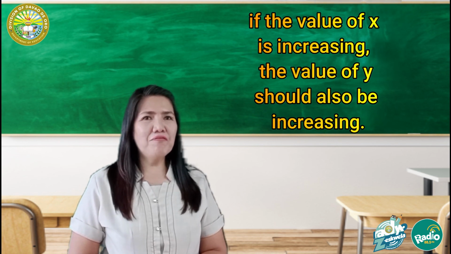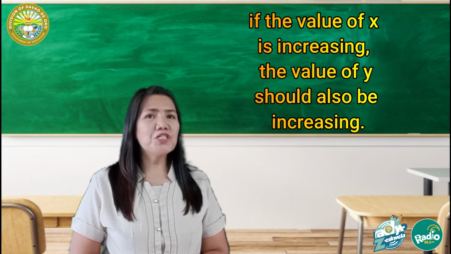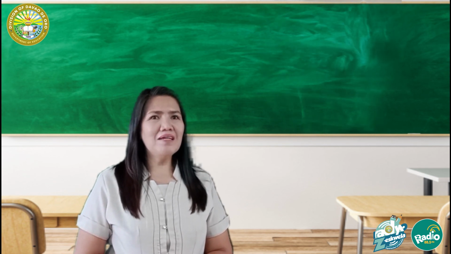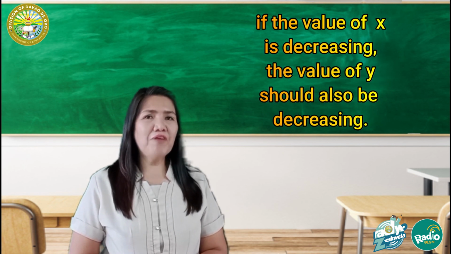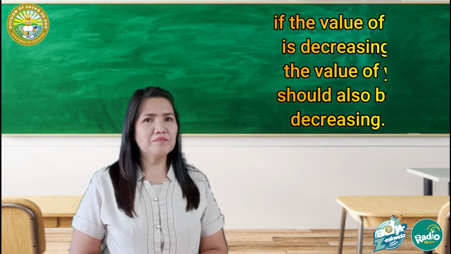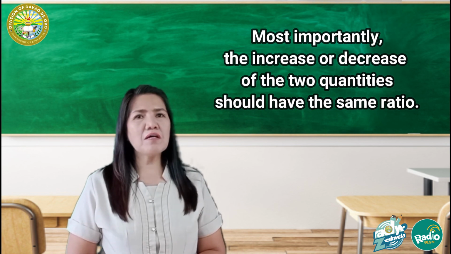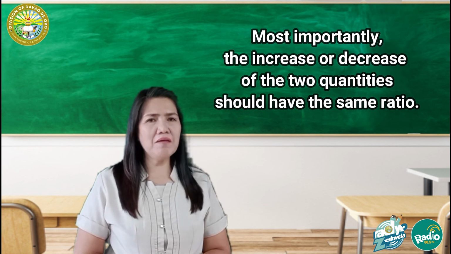Example, if the value of x is increasing, the value of y should also be increasing. Similarly, if the value of x is decreasing, the value of y should also be decreasing. Most importantly, the increase or decrease of the two quantities should have the same ratio.